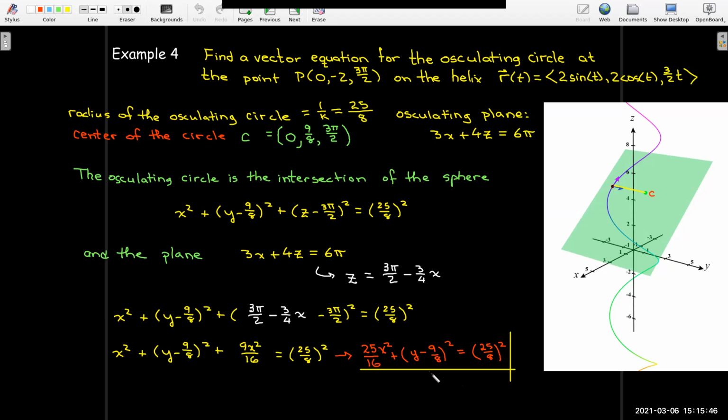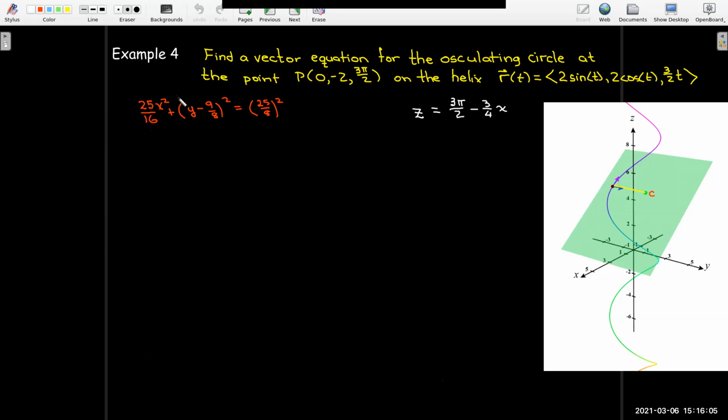So now I've got an equation in x and y, but this is still not going to be enough for us to trace out the circle. We need to get a parametric or a vector representation of this circle. So we've got this equation, which was simplified, and we've got this expression that we use from the equation of the plane to get this.